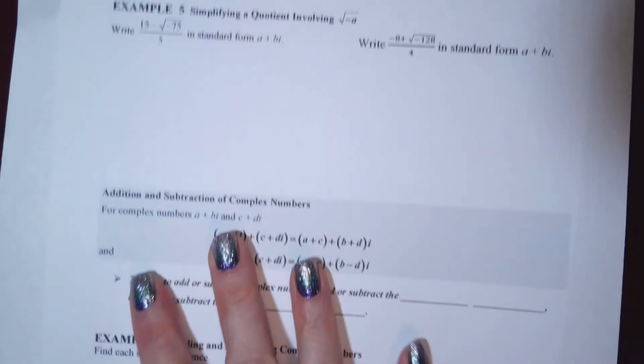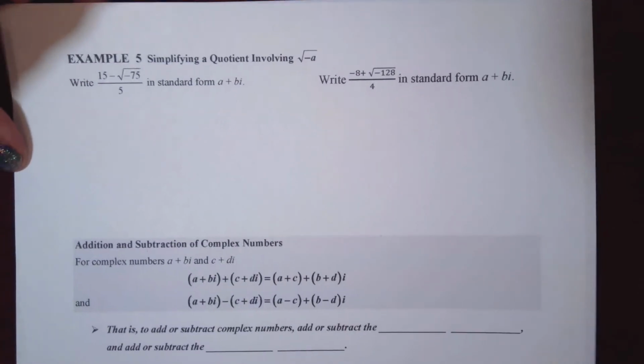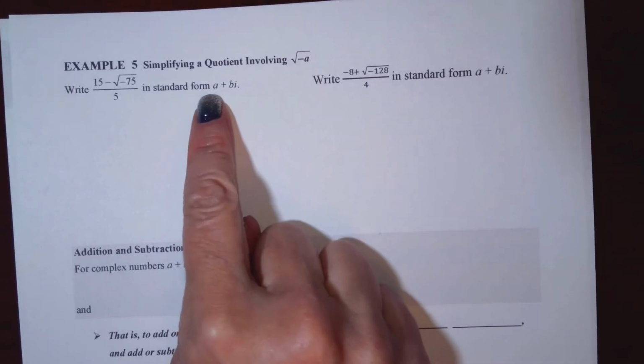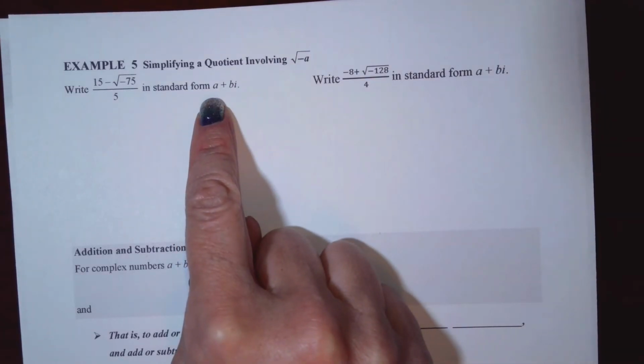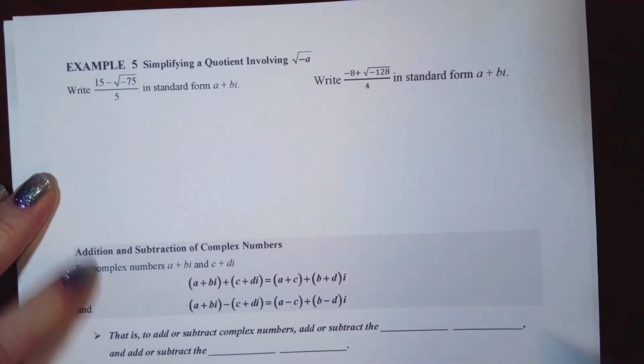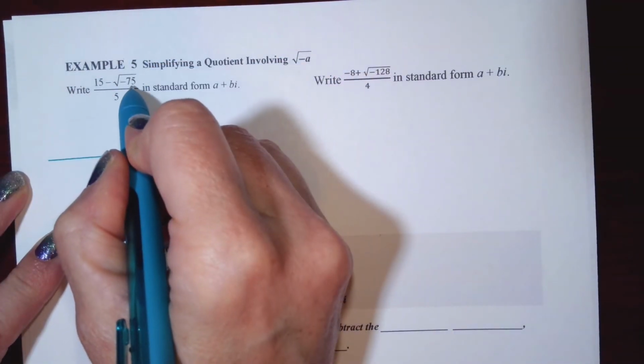Let's see what we've got for example 5. Simplifying a quotient involving square root of a negative. We want to write this in standard form, a plus bi. The first thing I want to do is see if I can simplify my radical, and I can here. 75 is 25 times 3, and 25 is a perfect square.